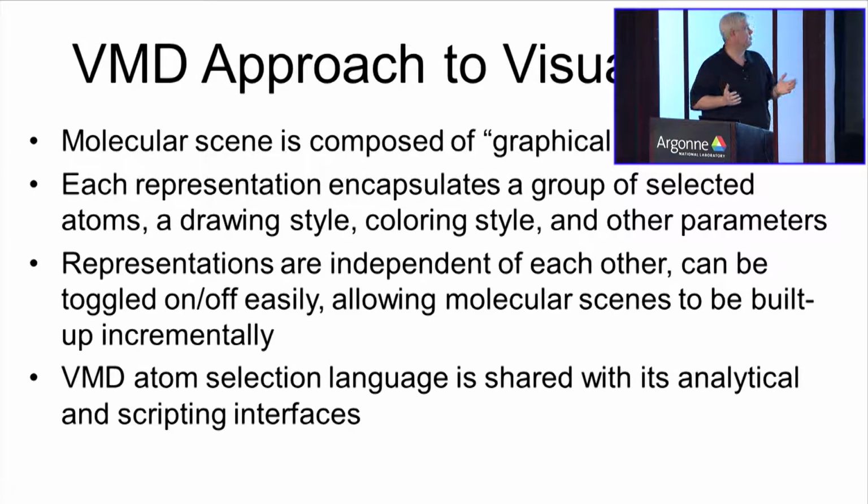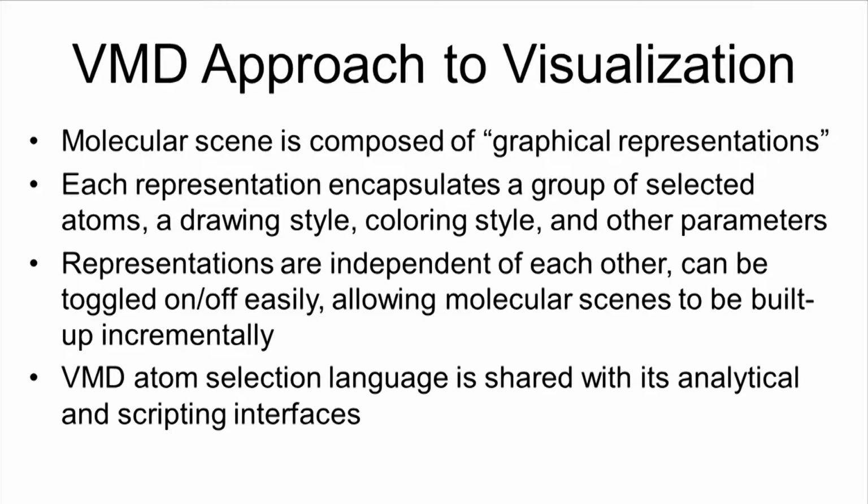So VMD's approach to visualization is to produce a superposition of a bunch of graphical representations. A graphical representation is a combination of a drawing style, a coloring style, and a grouping of other parameters that tell the program how to represent some part of the atomic structure.